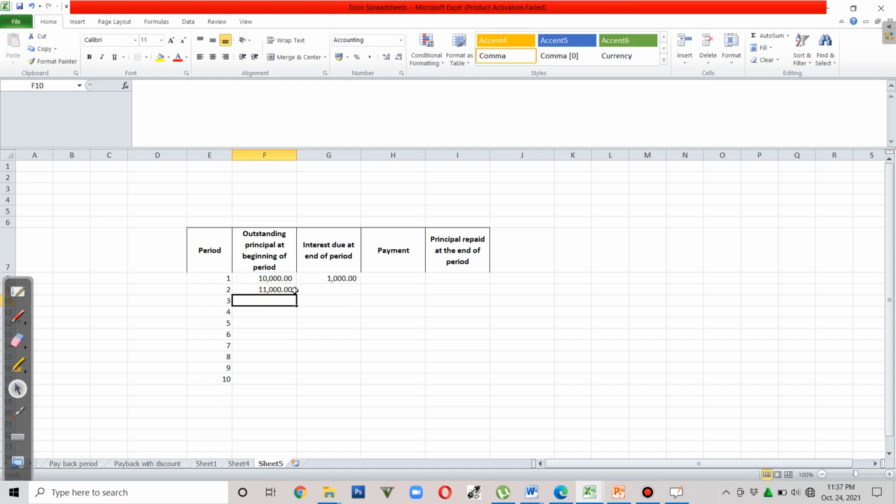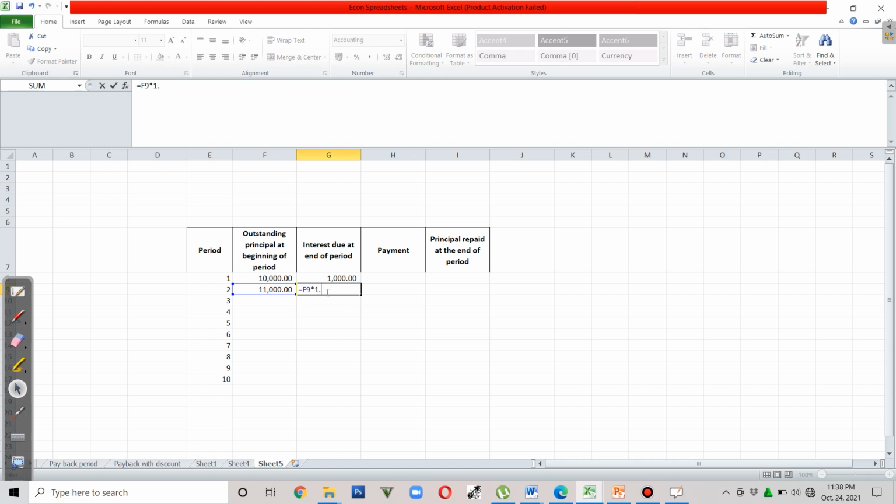So if you notice, wala pa siyang bayad. So this time, nag-increase na naman yung interest due up to the point na magbabayad siya, it will begin to decrease. But this time, mag-increase nga kasi wala pang bayad.